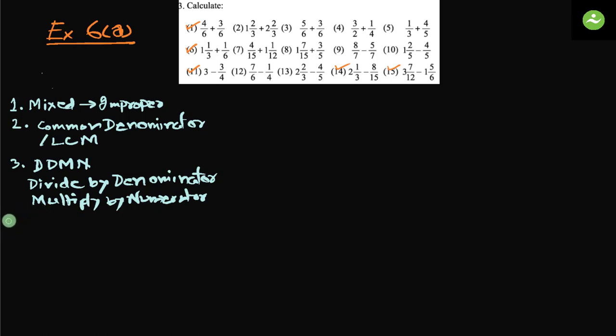Okay, and then finally, if the result is an improper fraction, that's it. You start from, if there is any mixed, just change it to improper, start calculation. How? Okay, when we do, we will discuss further.